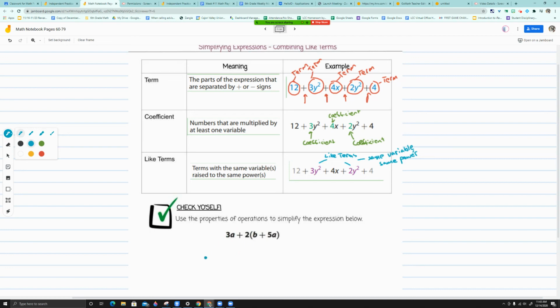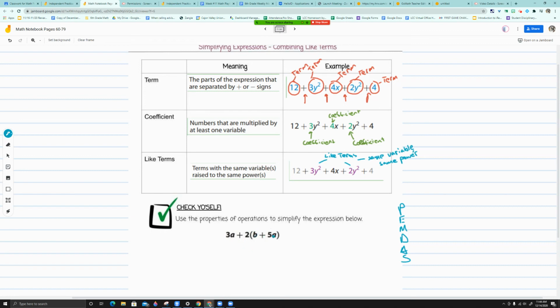If we can add like terms, if we could use the distributive property, I can see we could already use the distributive property here to simplify things. So let's take a look and see what we can do. If we're using PEMDAS, if we're using order of operations, and if we're using the properties of operations, let's take a look at parentheses first.